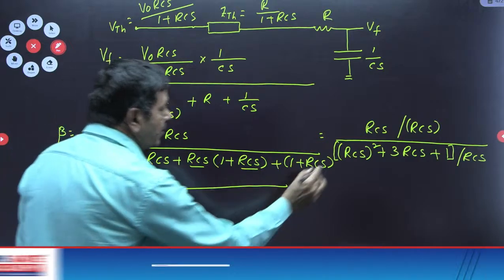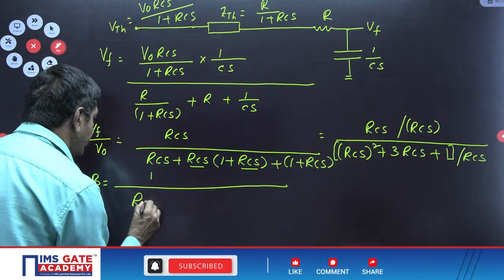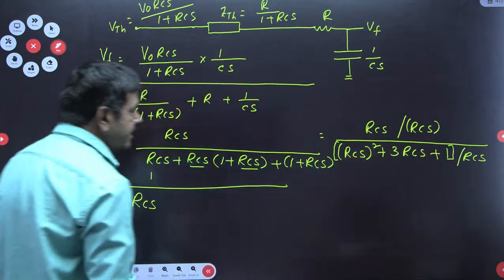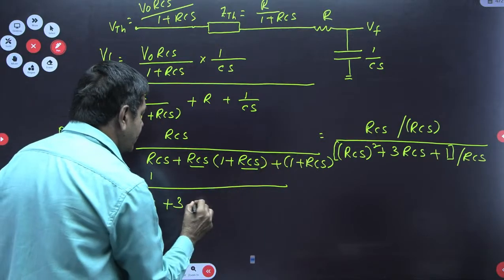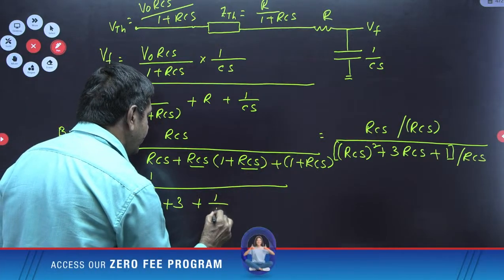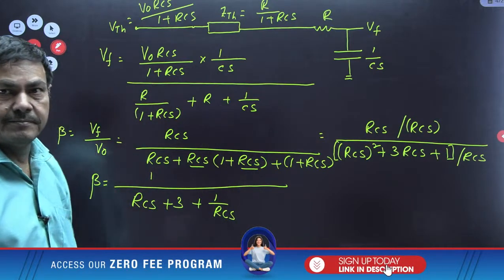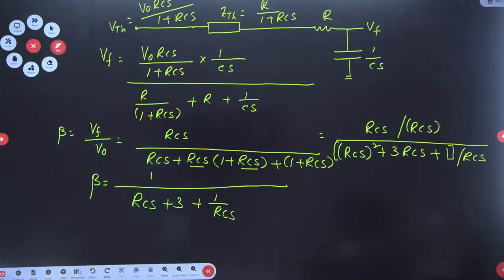I will get here RCS whole square by RCS, 1 RCS. 3 RCS by RCS, I will get 3. Still 1 by RCS I am getting here now. This is the beta value. Please note down beta.